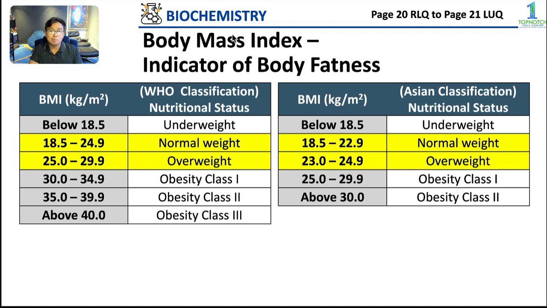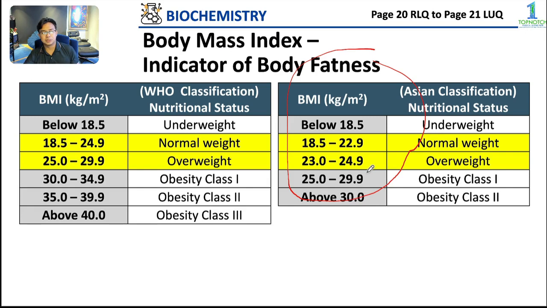Take note that there are two BMI classifications, the WHO classification and Asian classification. We belong under the Asian classification. Please take note that in Asian classification, it is only up to obesity class 2. And if ang BMI mo ay above 25, ikaw ay obese already, meaning you are more prone to having different metabolic problems.